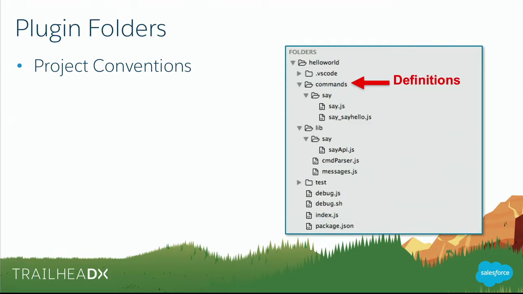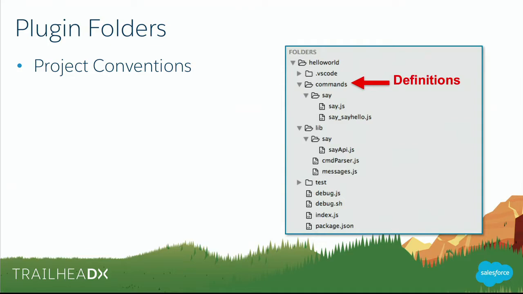So when we're writing a plugin, we need a project. What you see in front of you is a proposed project structure that I've borrowed heavily from the way that we've implemented the DX Toolbelt plugin ourselves. Basically, what we want to do in this project structure is create a commands folder that's going to hold all the command definitions.